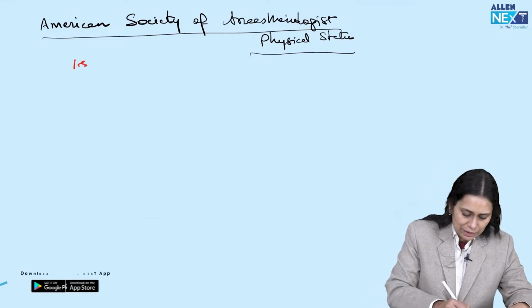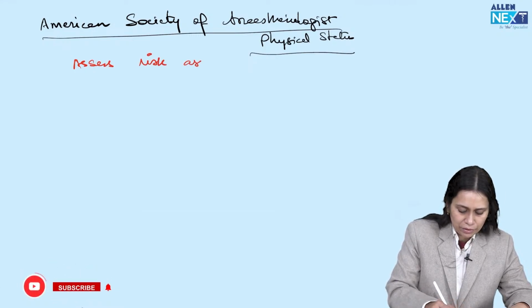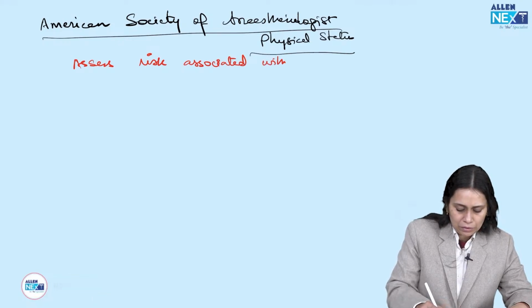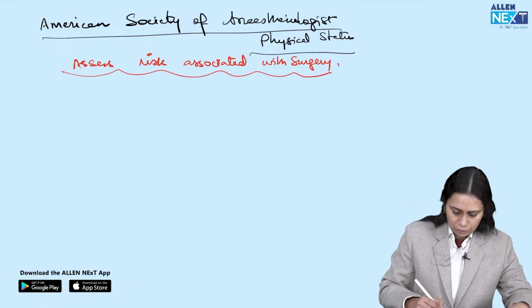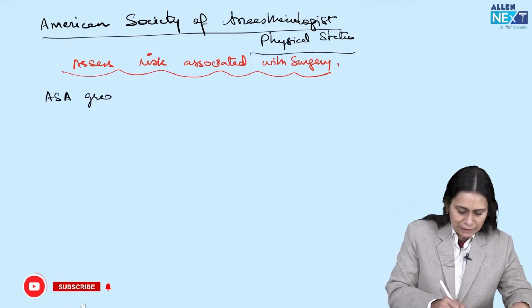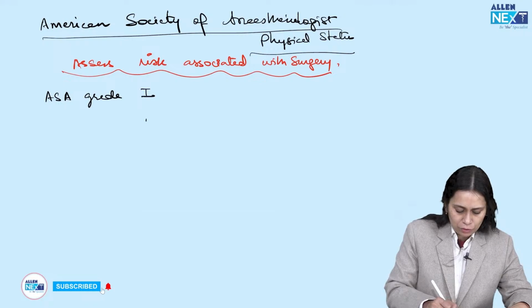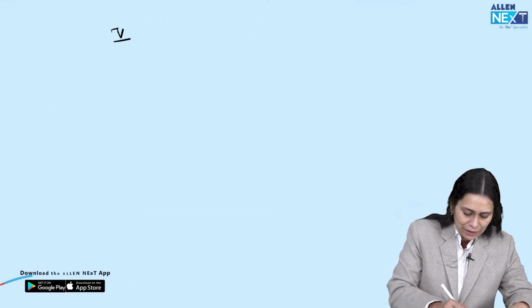So this assesses the risk associated with surgery, okay? We have ASA grade 1, 2, 3, 4, and I'll talk about 5 and 6 also.